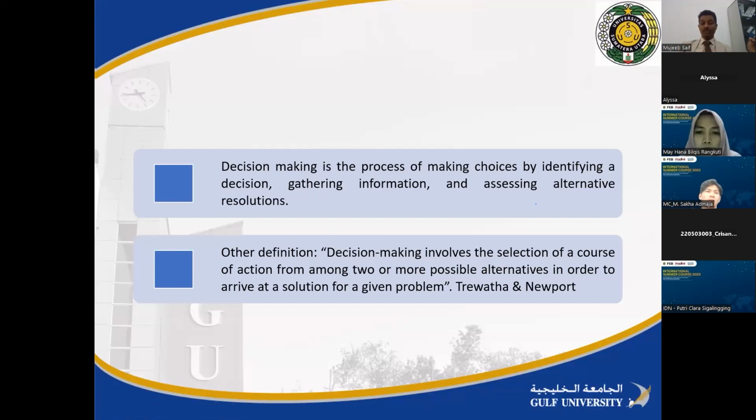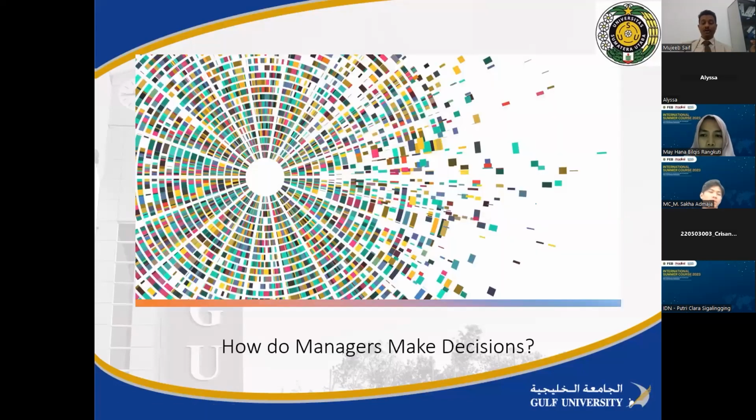So there are two, or sometimes more than two, possible alternatives. We have to select one. We have to arrive at a solution for a given problem. So we will select the best alternative among those possible alternatives. Right? So now the most important question is how do managers take such action?